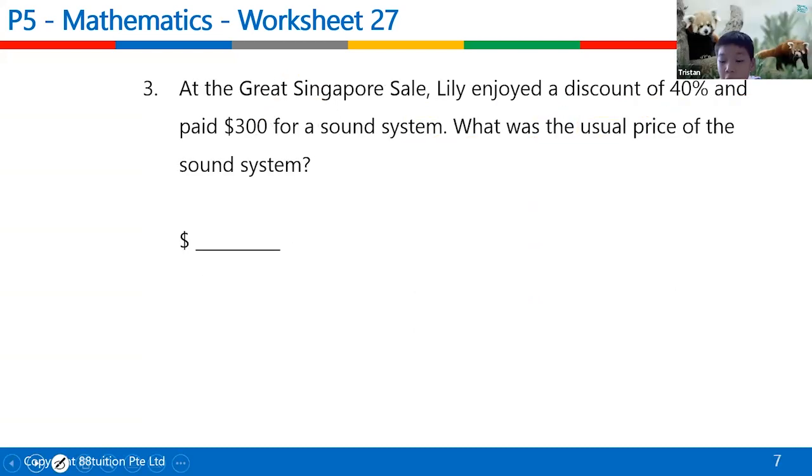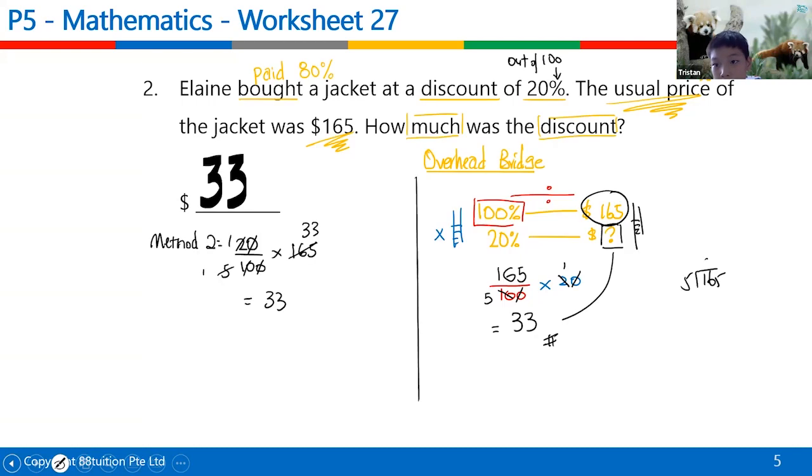Wait, teacher, I got something. Yes. Actually, you can take 20 of 100 times 165, you get 33. That's what we are doing. Yes, correct. Which one do you all prefer?